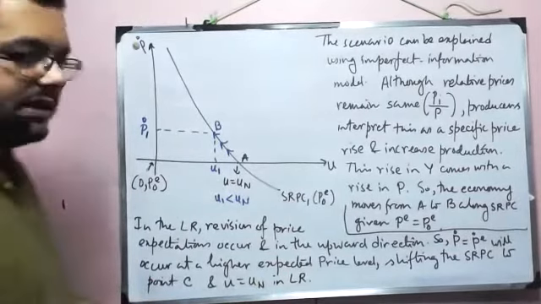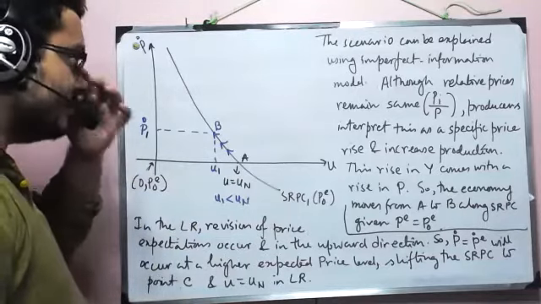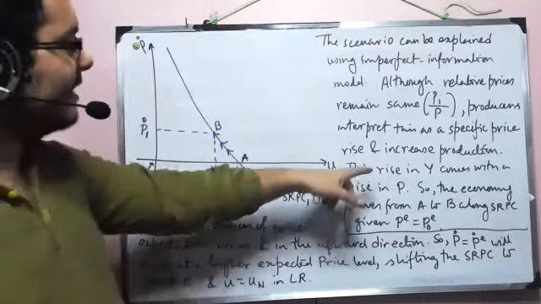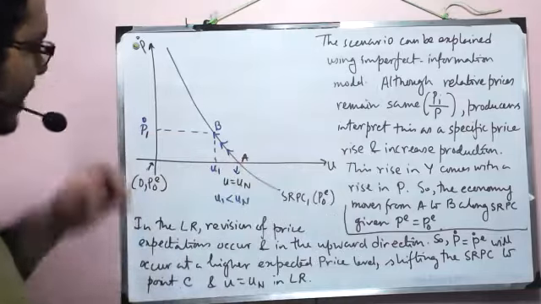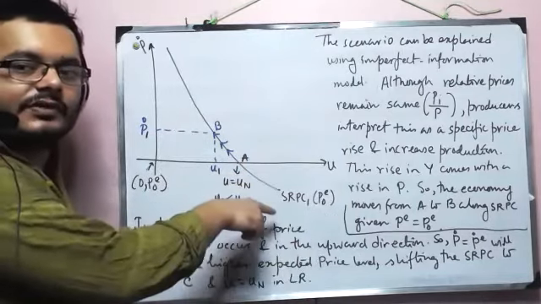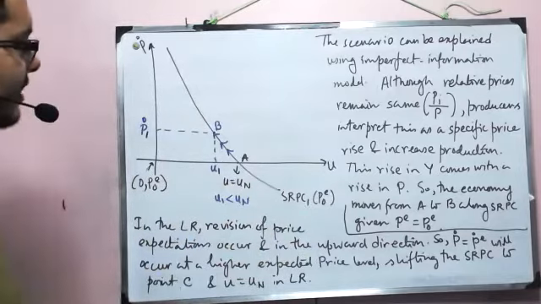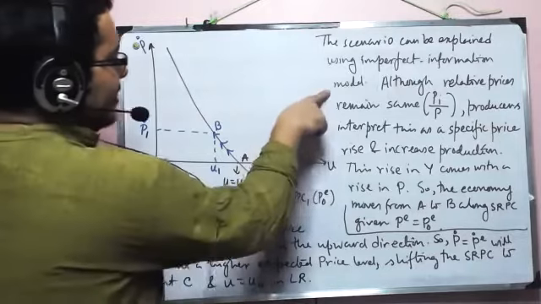Let me just clarify what I just said. In the AD-AS discussion, we have seen all of that. Now we are saying the whole thing in terms of the Phillips curve. We started with an expected price, P naught E, and given that expected price, there will be one short run Phillips curve. Try to run in your head the AD-AS model that you have studied. Now there is an expansionary monetary policy.